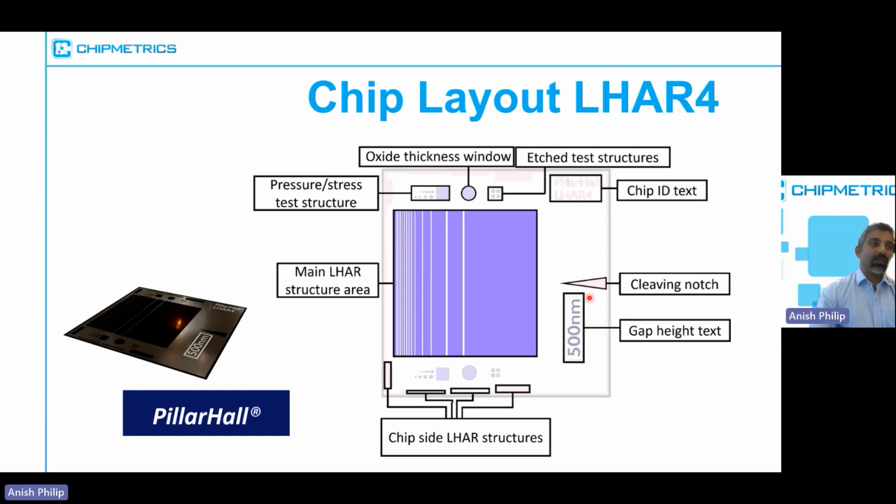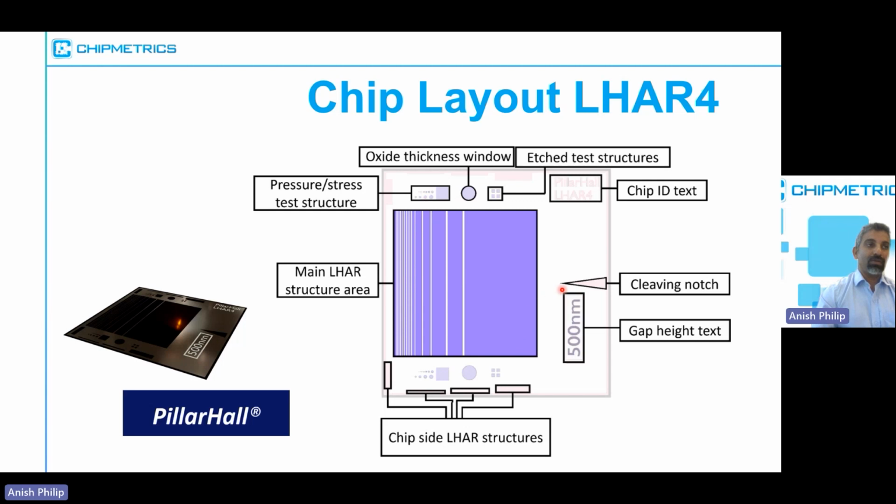This gives a schematic illustration image of the PillarHall chips, a chip layout. This area shows where you can hold the chip using the tweezer. In this area there are no test structures, so you can hold the PillarHall chips here, but not in this area because all the test structures are in this area.